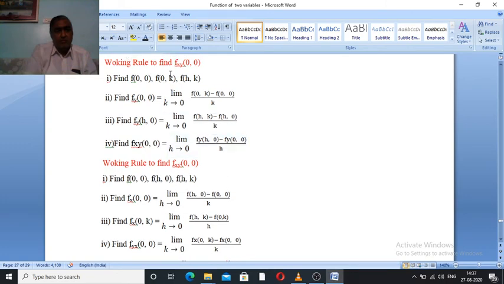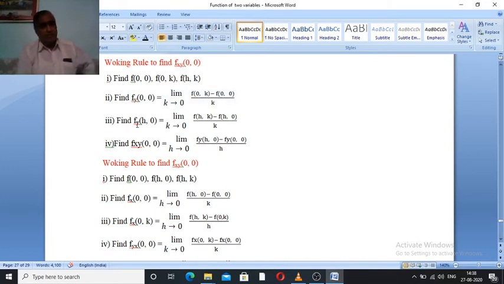Working rule to find second order partial derivative at origin. Find f(0,0), f(0,k), f(h,k). Find f_y(0,0) is equal to limit k tends to 0 of f(0,k) − f(0,0) upon k. This is by definition of first order partial derivative with respect to y.